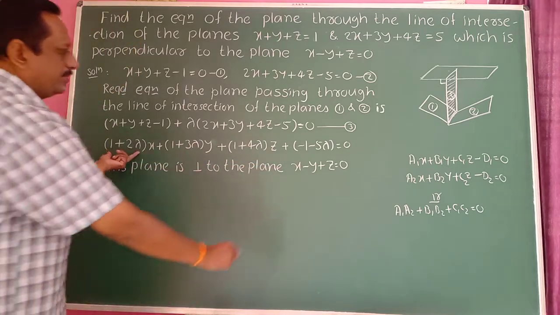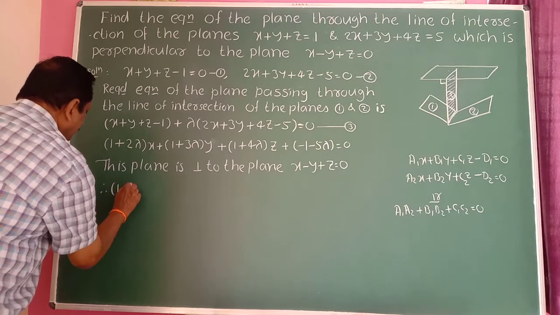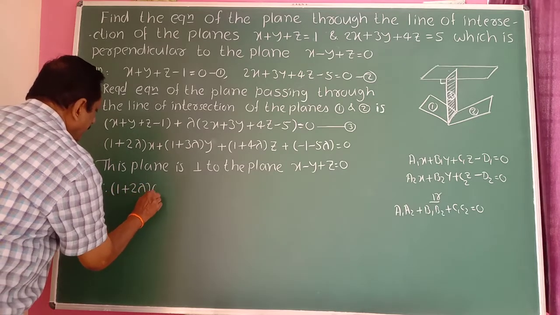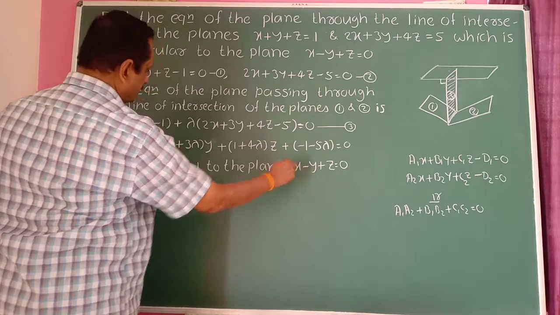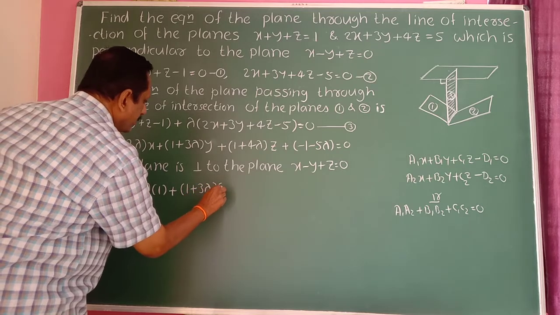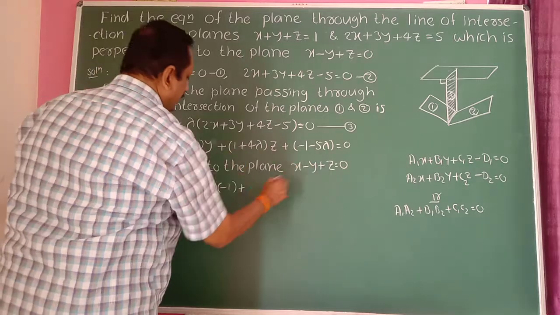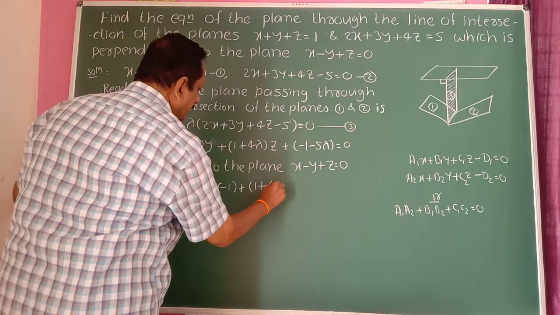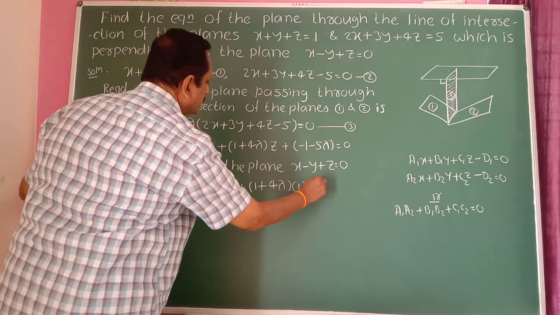So 1 plus 2 lambda into 1, plus 1 plus 3 lambda into minus 1, plus 1 plus 4 lambda into 1 is equal to 0.